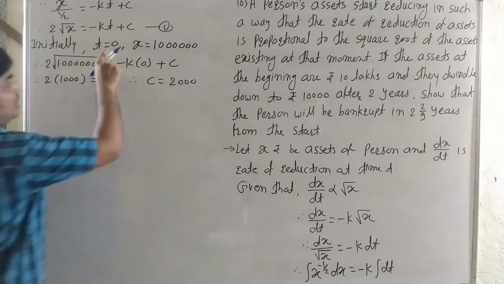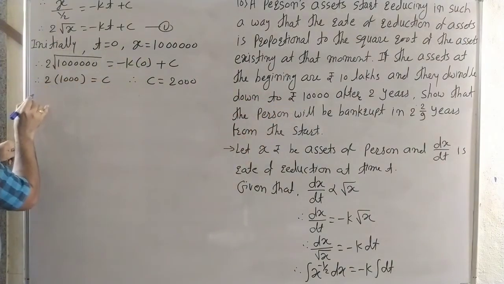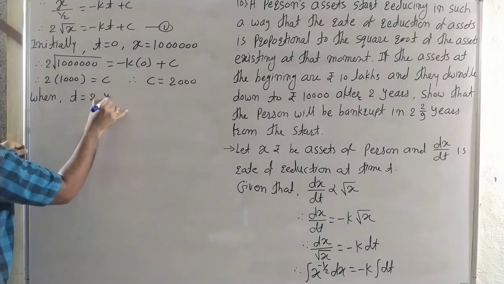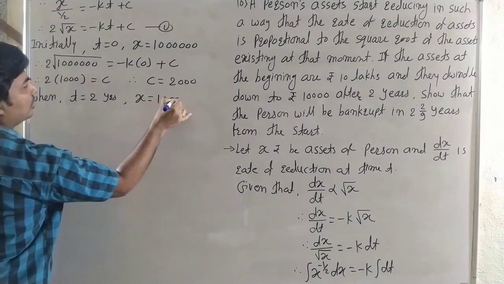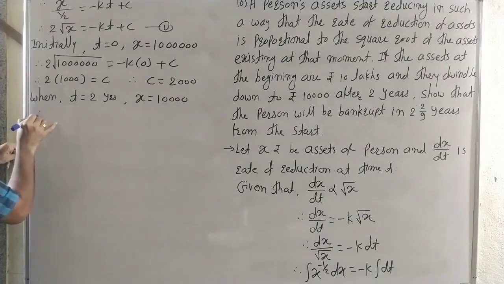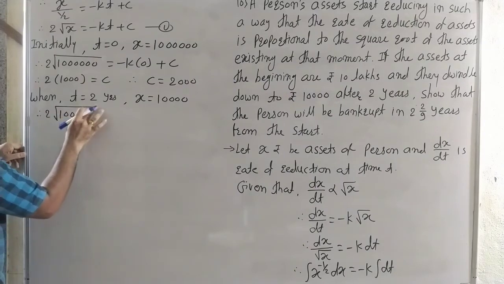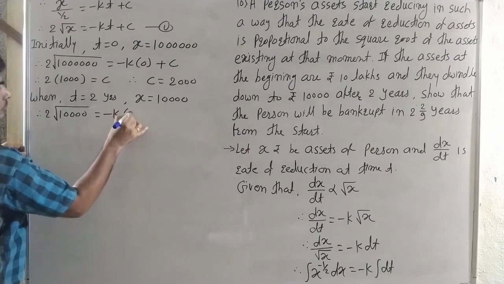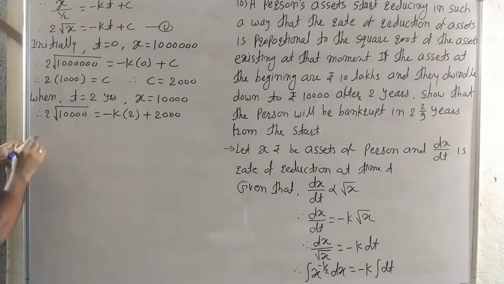Now after the initial condition, after 2 years it becomes 10,000. When t is equal to 2 years, the asset is 10,000, and therefore 2 into under root of 10,000 is equal to minus k into 2 plus c, this 2000.